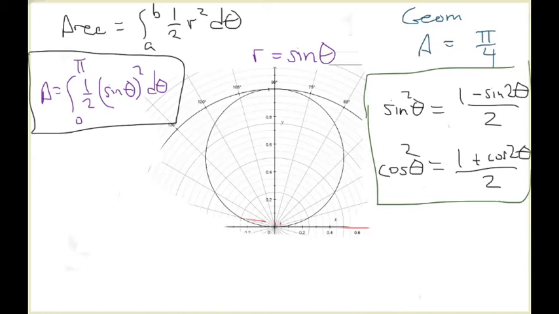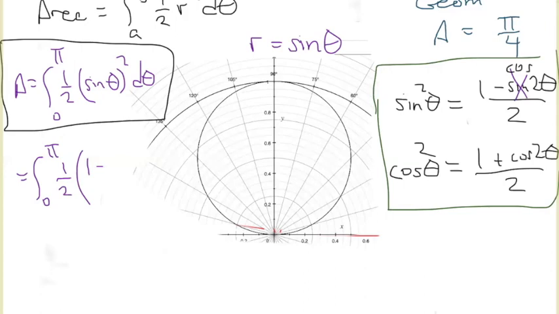This is equal to the integral from 0 to pi of 1/2 times, this should be cosine of 2 theta, apologies.